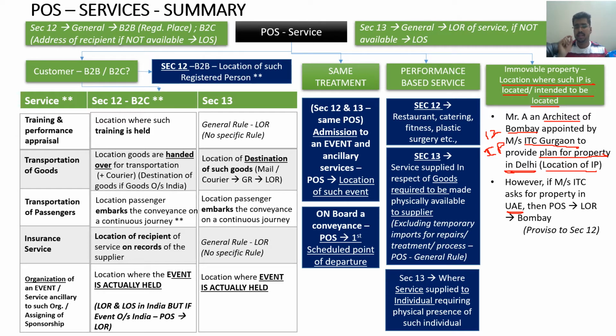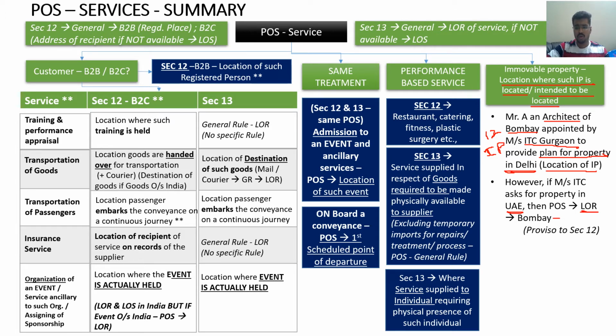No. There is a proviso which says if the property is located or intended to be located outside India, this proviso comes in section 12. If both the supplier and the recipient are in India, but the property is intended to be located outside India, then place of supply will be the location of the recipient in India and not the location of the immovable property. So in our case, the place of supply is the location of the recipient, which is Gurgaon.